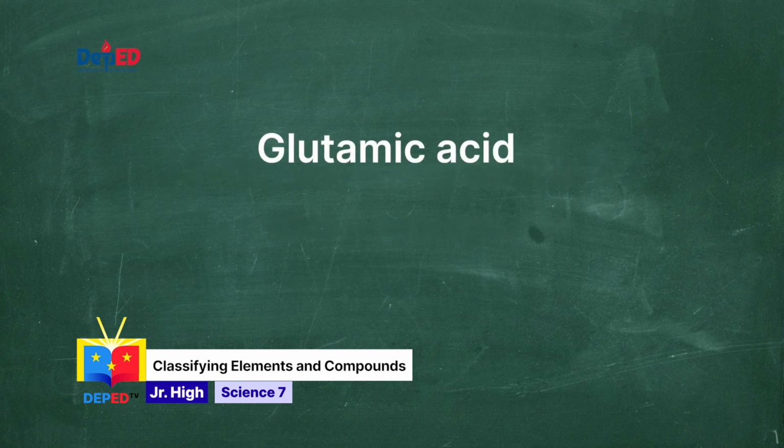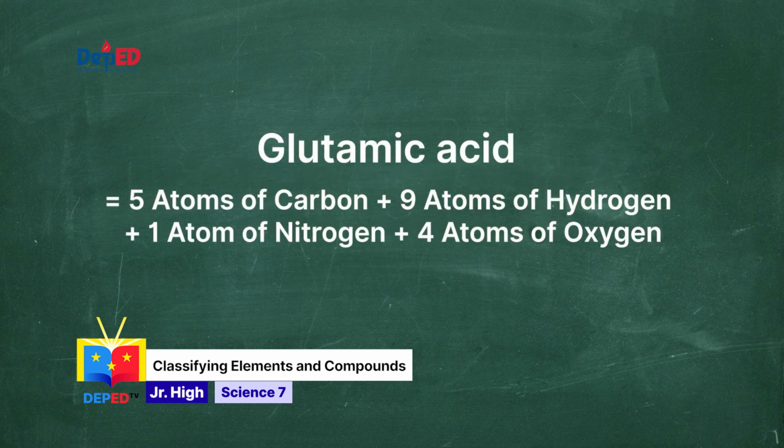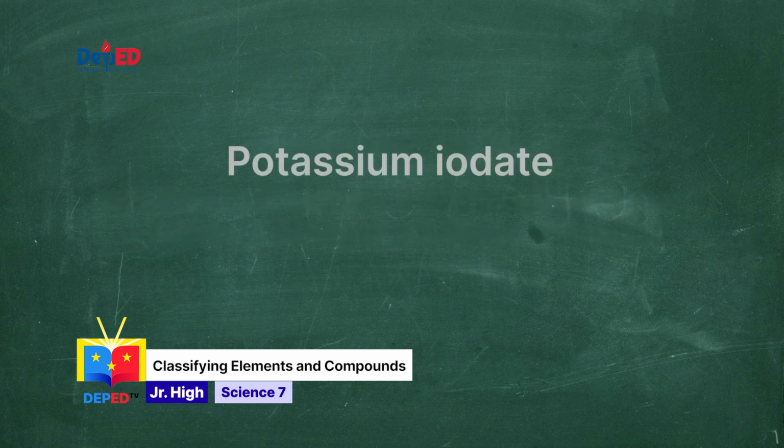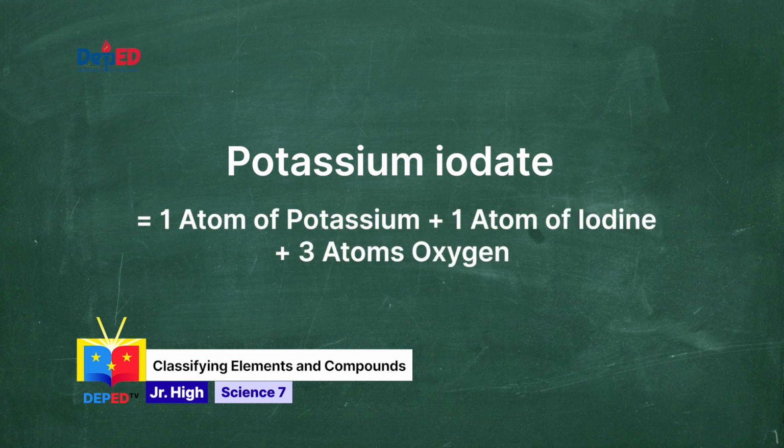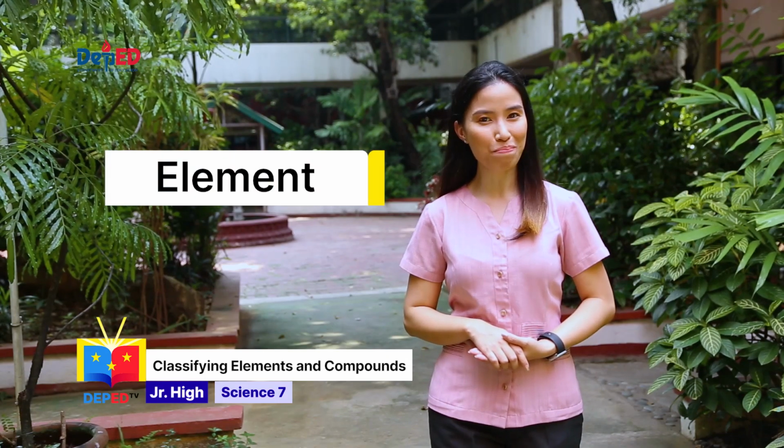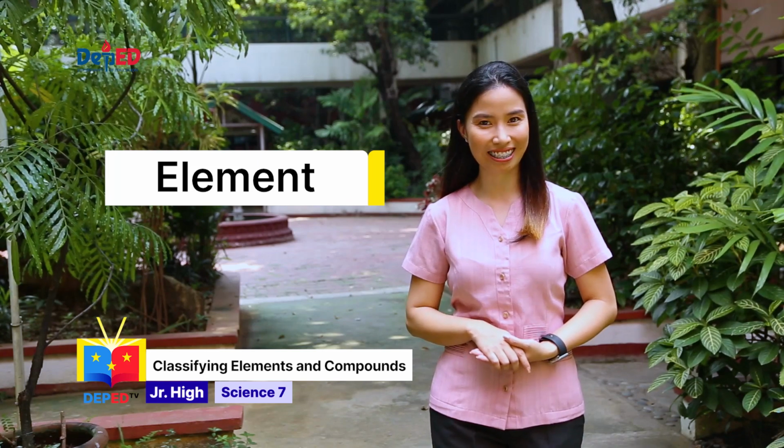Glutamic acid is a combination of 5 atoms of carbon, 9 atoms of hydrogen, 1 atom of nitrogen, and 4 atoms of oxygen. Potassium iodate is a combination of 1 atom of potassium, 1 atom of iodine, and 3 atoms of oxygen.